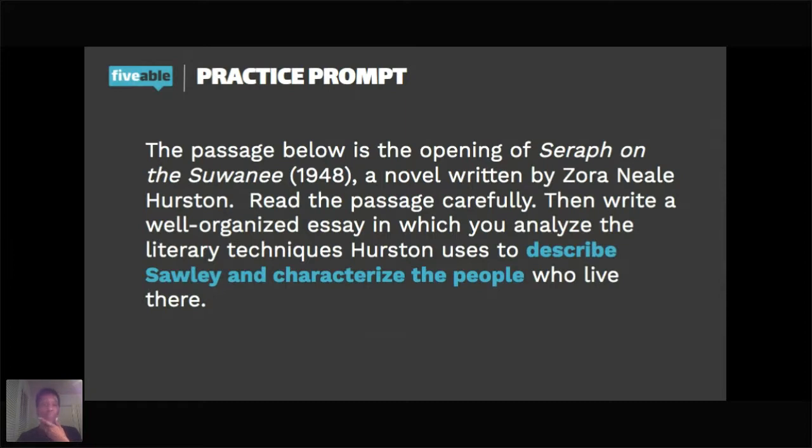So in the interest of time, because boy, did this fly, I'm going to read the parts of the passage that I'm going to use in my example. So we're looking for the techniques Hurston uses to describe Solly and characterize the people who live there. And so again, we need to have an understanding of both the town and the people.